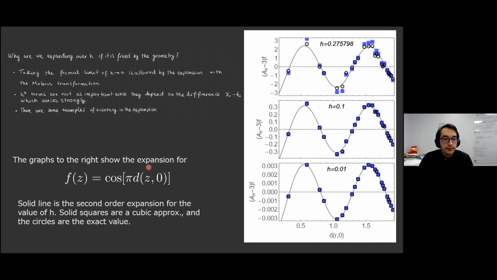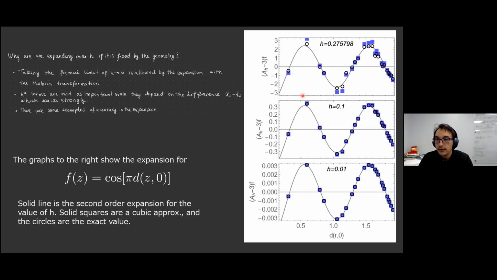So again, this expansion in powers of h seems unjustified since h is finite, and the limit has no relevance in the geometry. But as we will see in the paper, they go into details as to why the third order terms will not be very relevant in the case where f is a destruction operator.